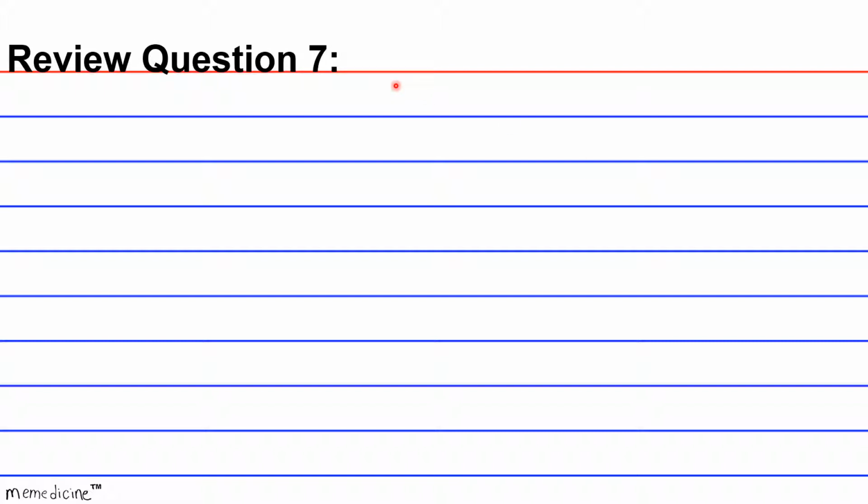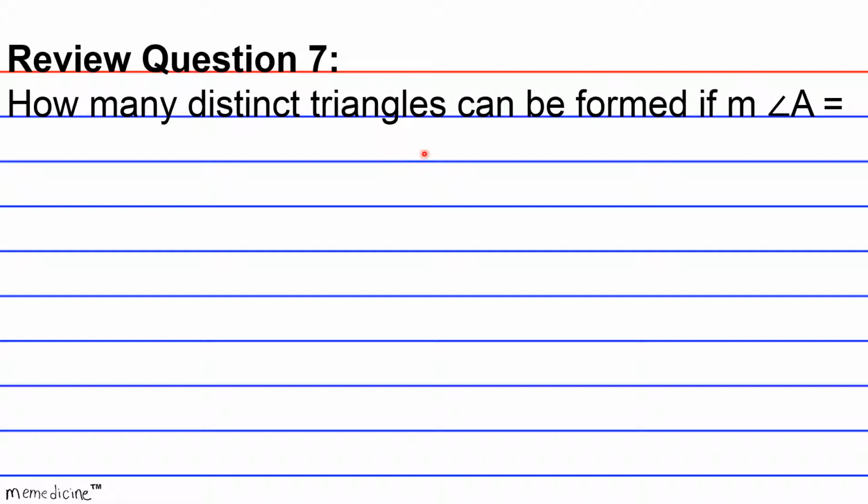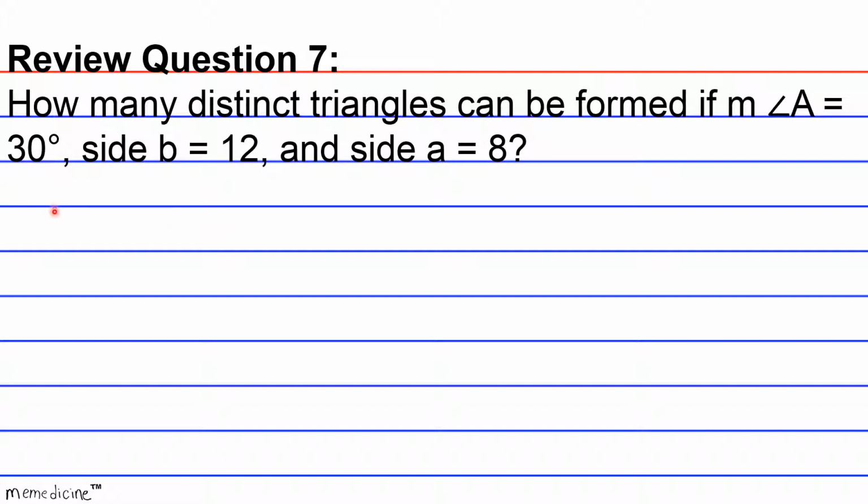Review question 7. How many distinct triangles can be formed if the measure of angle A is 30 degrees, side b equals 12 arbitrary units, and side a equals 8? Is it going to be 1, 2, 3, or 0 triangles?